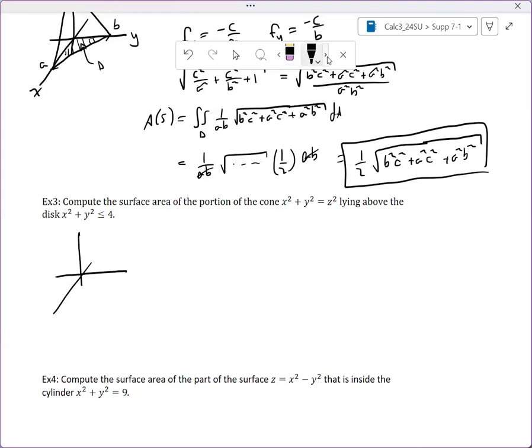And similarly for the case when y equals 0, I see this is just a cone like this, 45-degree lines. Looks like that. And above the disk x squared plus y squared less than or equal to 4.